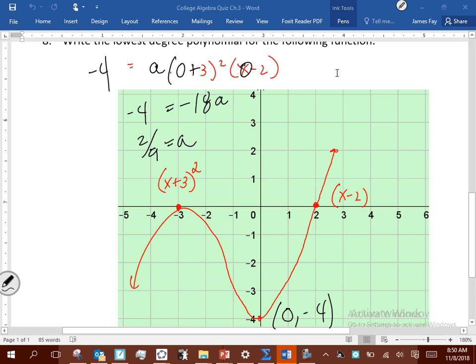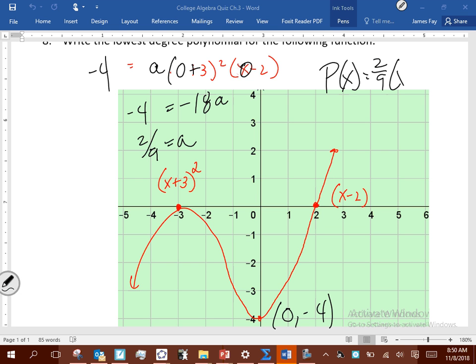So the P of X that I'm looking for would be 2/9 times X plus 3 squared times X minus 2. If you FOIL that out, that's fine, but that's ultimately what I'm looking for. The most points for that question are going to come from you having that.